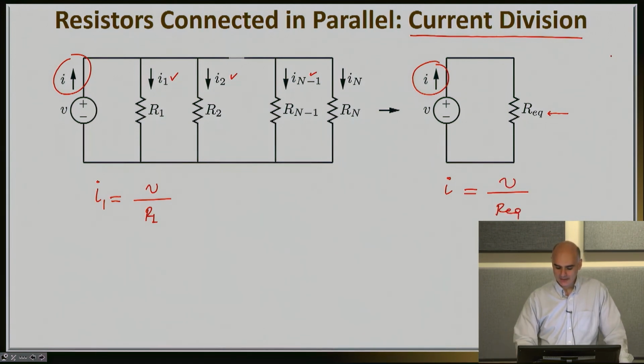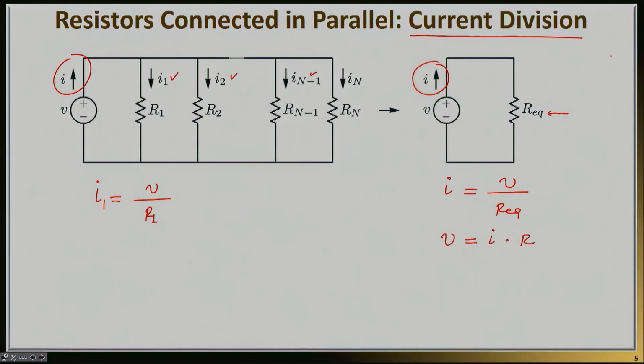Or I can write down that V here will be equal to I times Req. So I can essentially go ahead to my previous expression here on the left and write down that I1 will be equal to I times Req divided by R1.